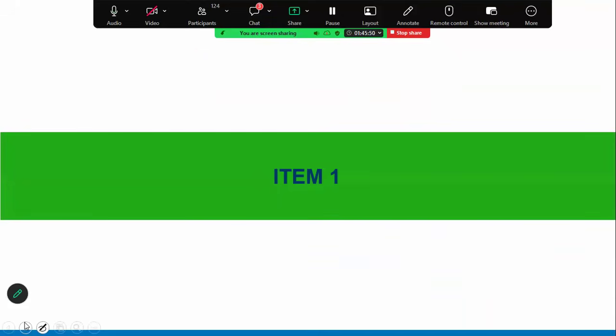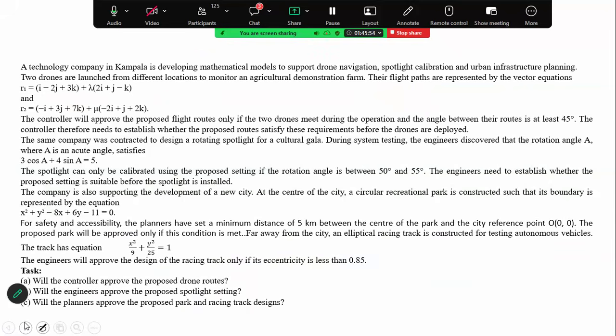Okay, thank you. Now we are going to look at another item. Oh, no. In fact, we are still on the same. Is it the same item?